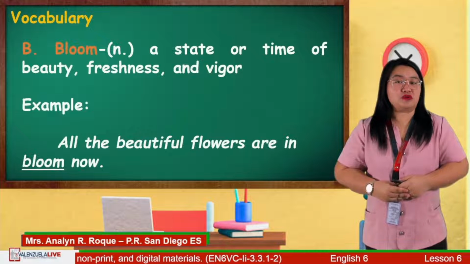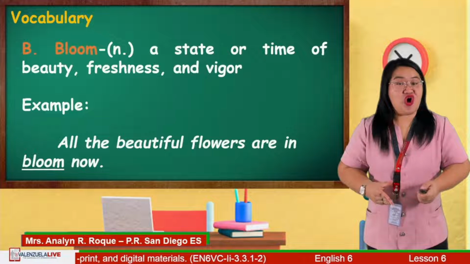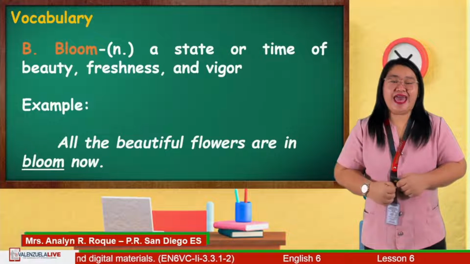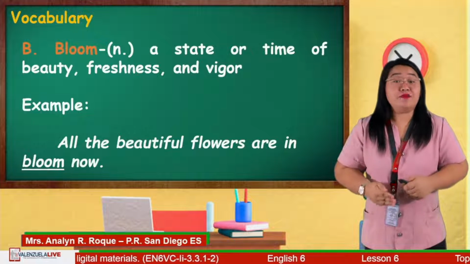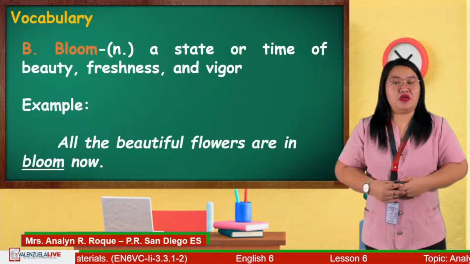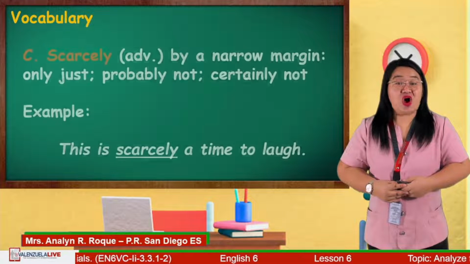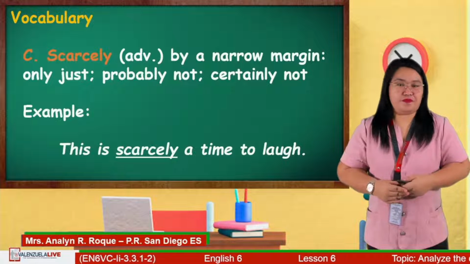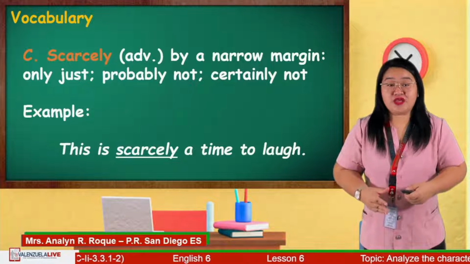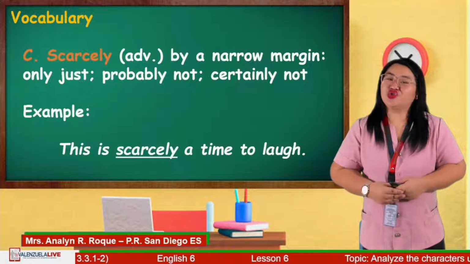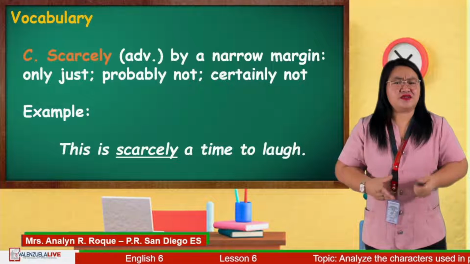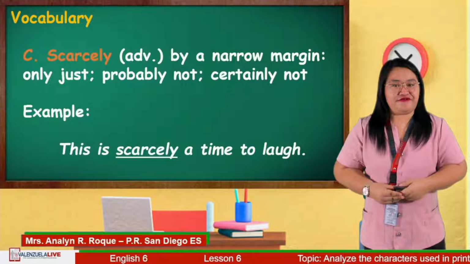Bloom is a noun, meaning a state or time of beauty, freshness, and vigor. Example, all the beautiful flowers are in bloom now. Third word, scarcely, an adverb, meaning by a narrow margin, only just, probably not, certainly not. Example, this is scarcely a time to laugh.